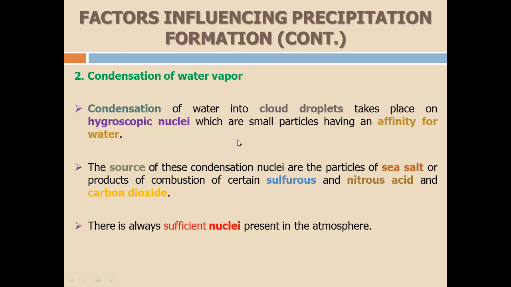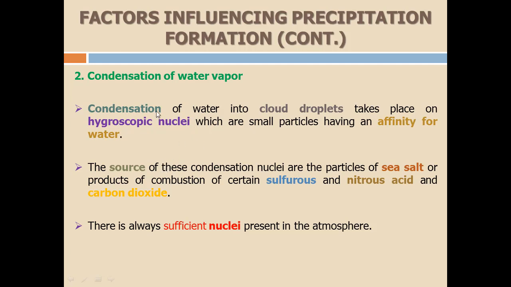These particles are already available in the clouds. So when the vapors are able to condense, they settle down on these hygroscopic particles, and with settling they are converted into the liquid form.